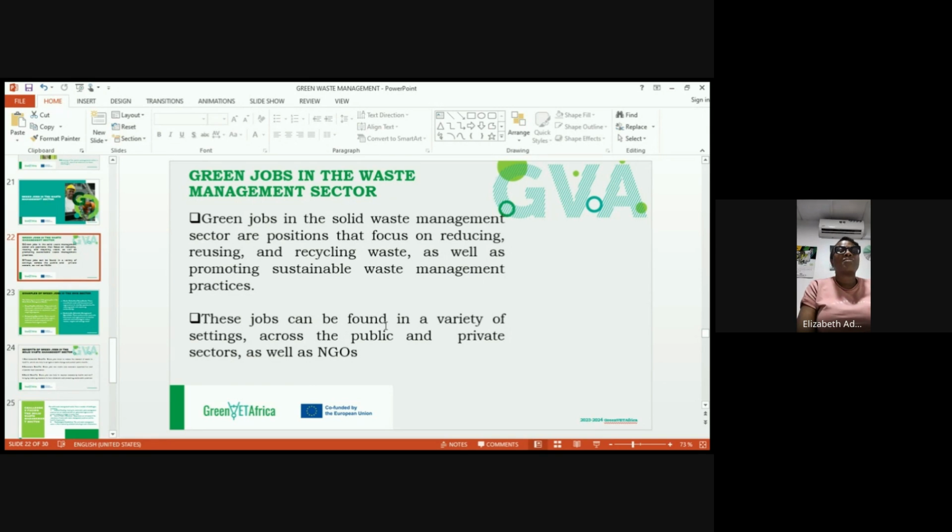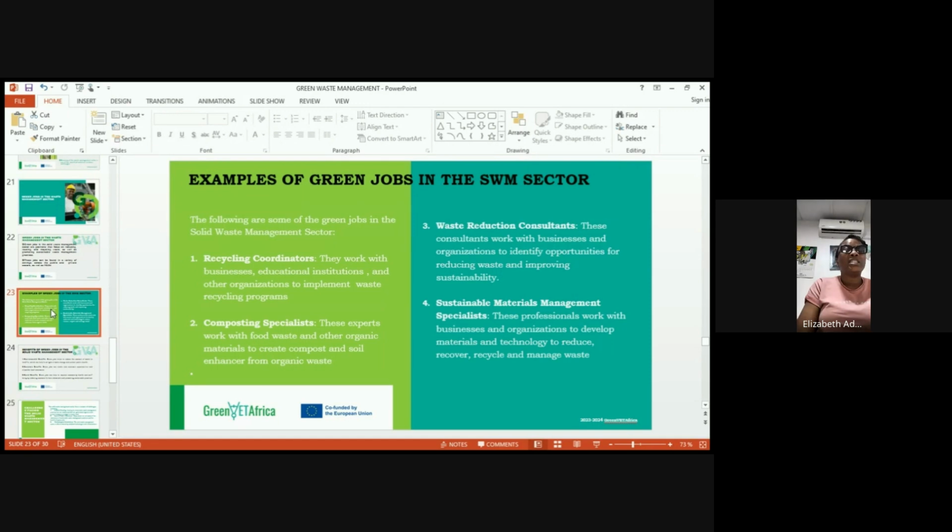These jobs can be found in a variety of settings across the public and private sectors, as well as NGOs. We know that, for example, taking Lagos as a case study, LAWMA is the public entity. We have a lot of private recyclers, and we have a lot of NGOs and other bodies trying to support waste management in those cities in Lagos State.